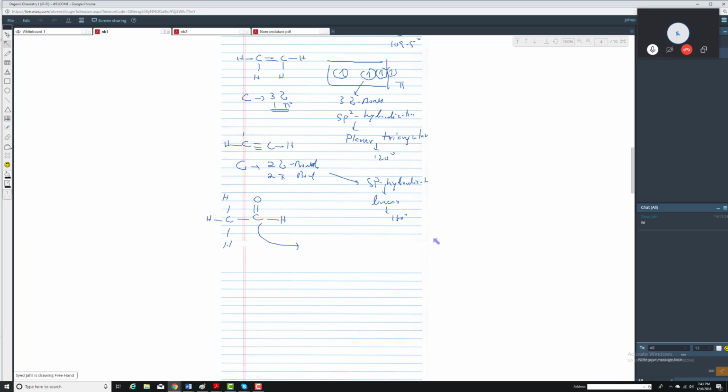What is the hybridization of this carbon? sp2, very good, because there is one pi bond and three sigma bonds. So the hybridization is going to be sp2. What about this one? sp2. So you can easily identify them. It's not a big deal, okay?